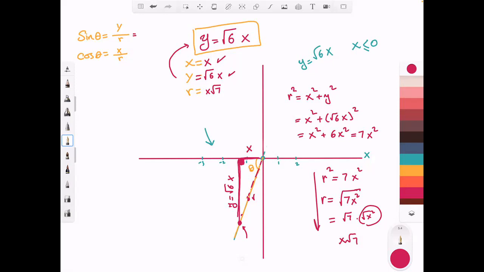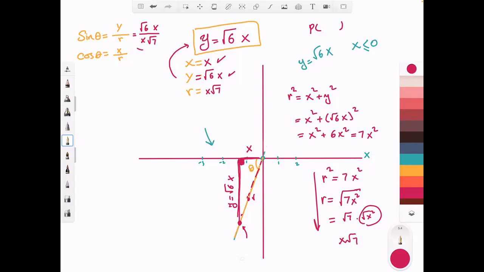Previously, again, I keep pointing to the homework that I saw, they give us a point, correct? But now we're going to have everything in terms of x. You have it in your note sheet. You're going to have everything in terms of x, and the x will cancel. Y is radical 6x, and r is x root 7.